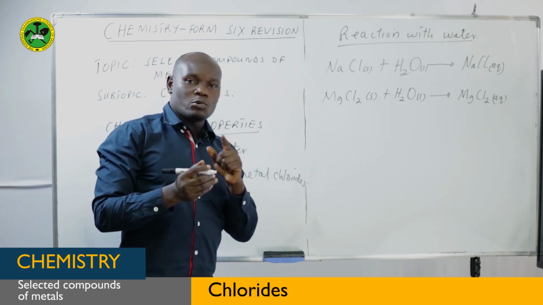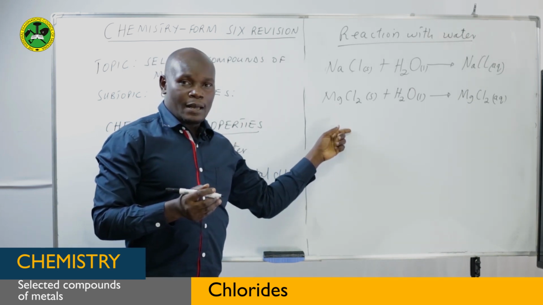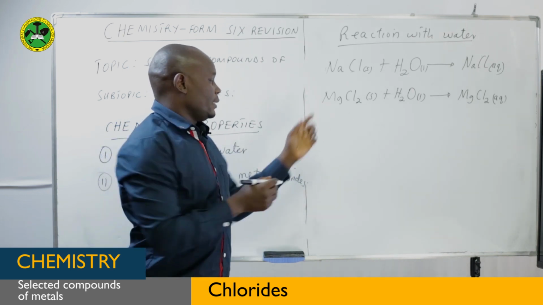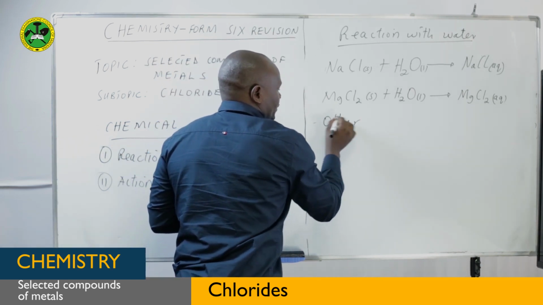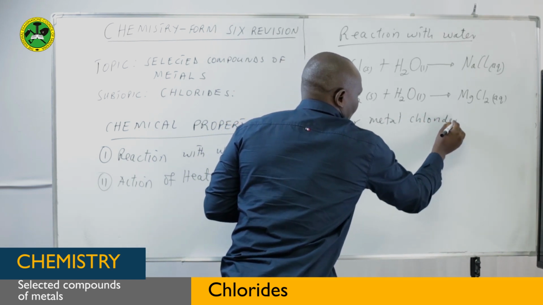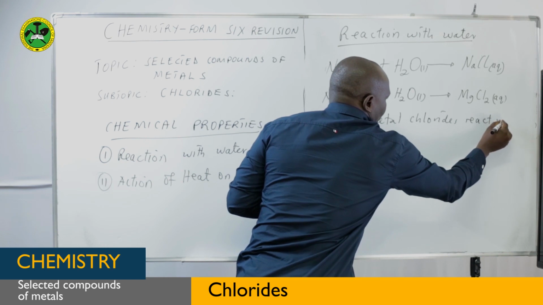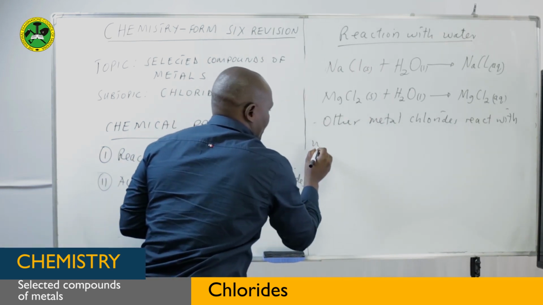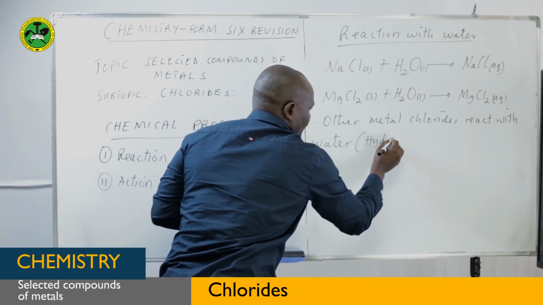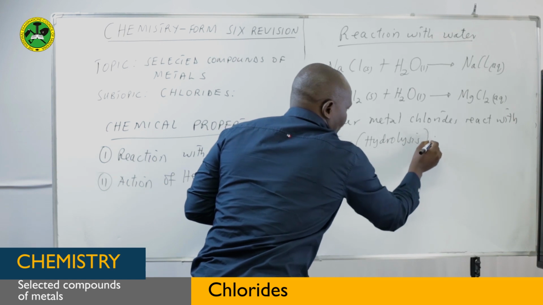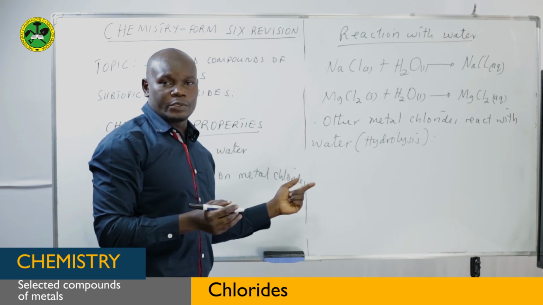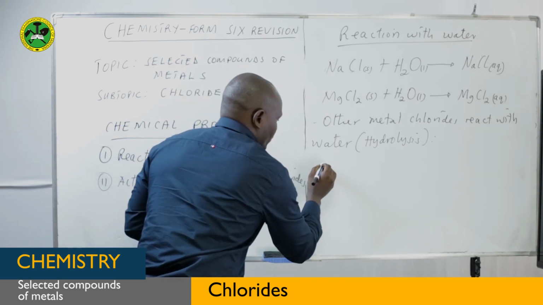The other metal chlorides react with the water by the process known as hydrolysis. So the other metal chlorides react with water, and this process is known as hydrolysis. So let us take an example of our most common chloride, which is iron 3 chloride.